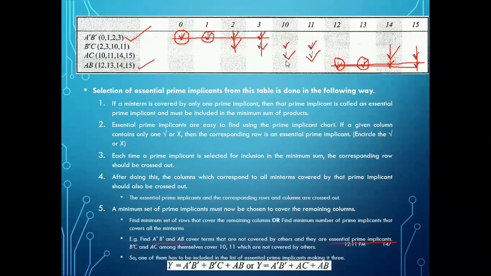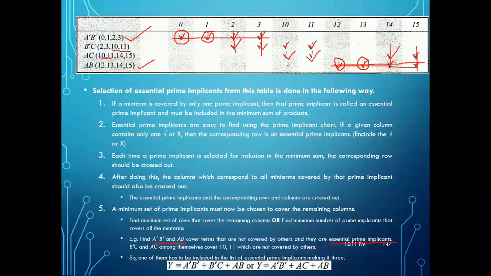Next, you have to see that B bar C and AC among themselves cover 10 and 11. The 2, 3 is already covered in the earlier stage, since A bar B bar includes 2, 3.